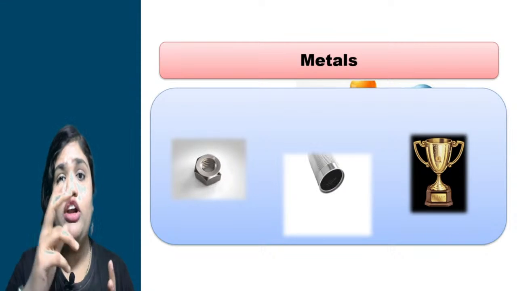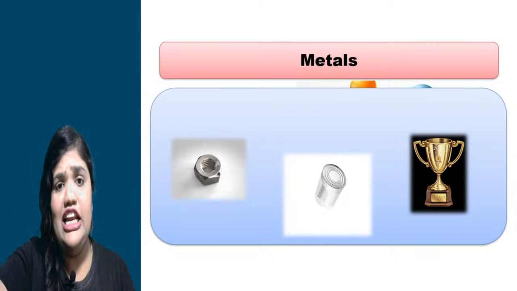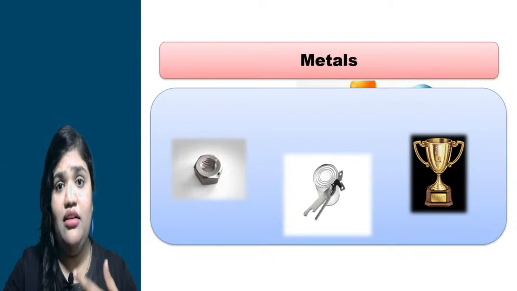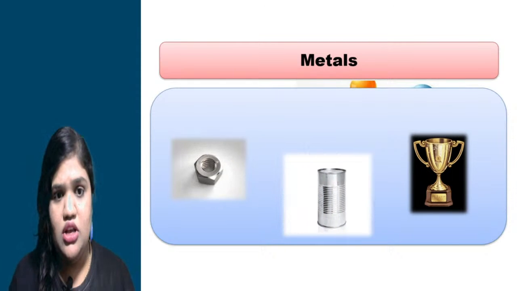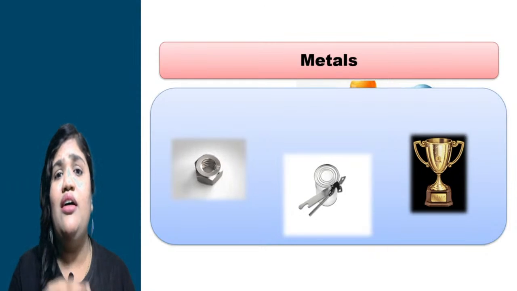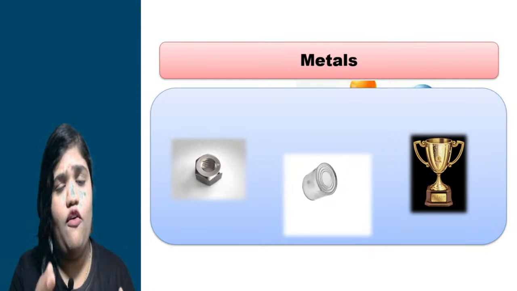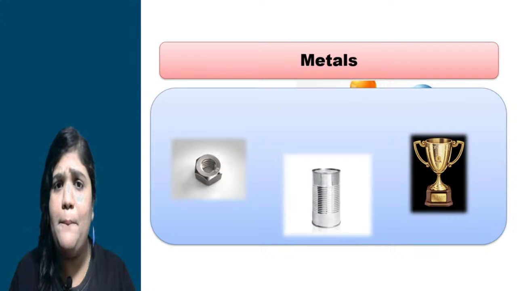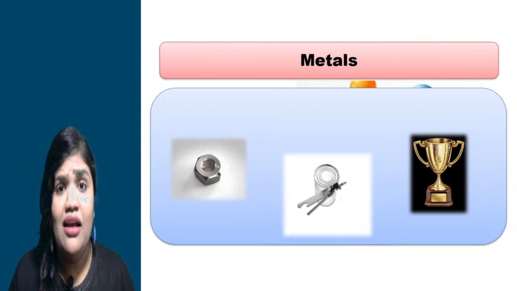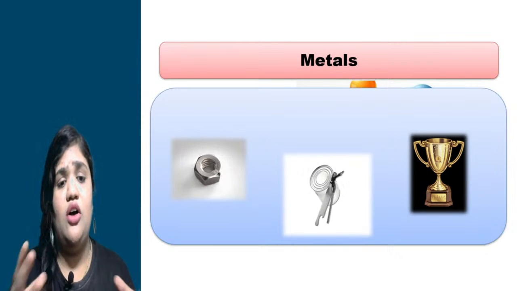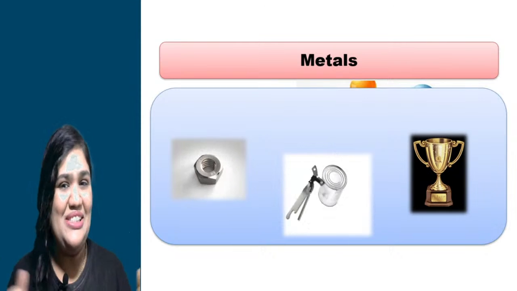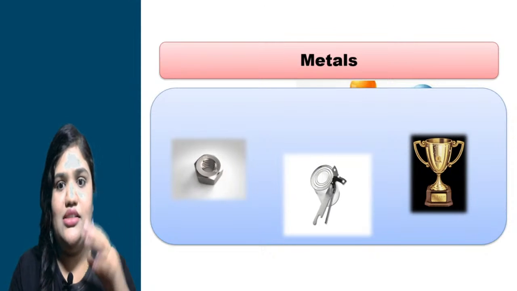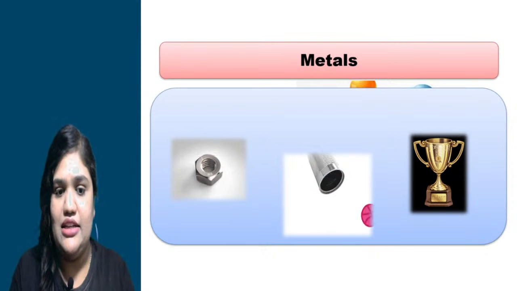So basically, metals readily lose their valence electrons and form positive ions, which are cations. You know the basic examples of metals: iron, copper, aluminium, right? These are some examples of metals that you observe in your day-to-day life. Am I right, students?